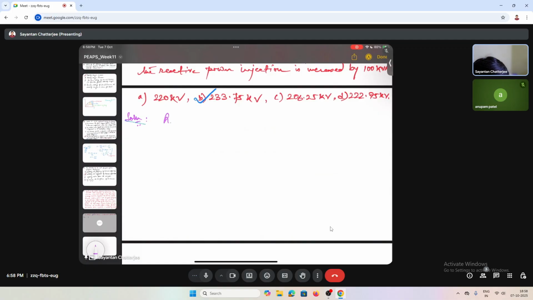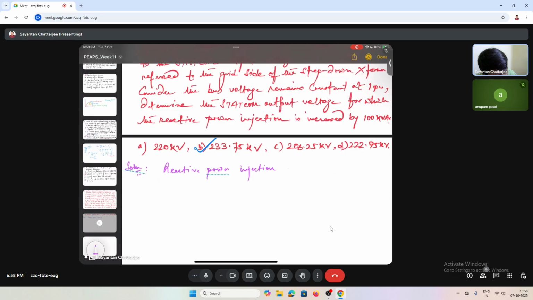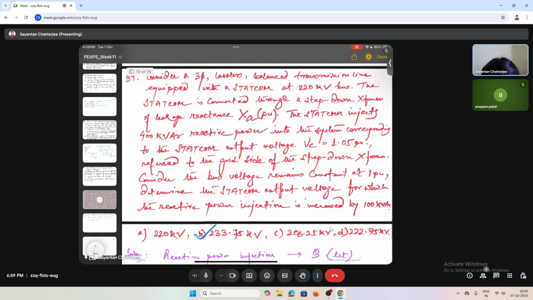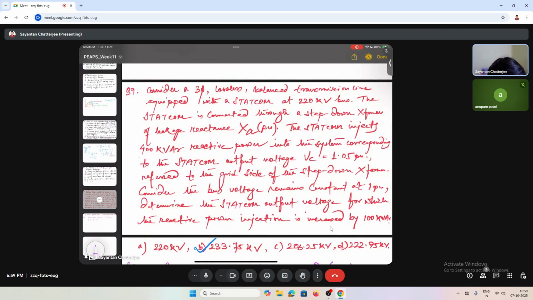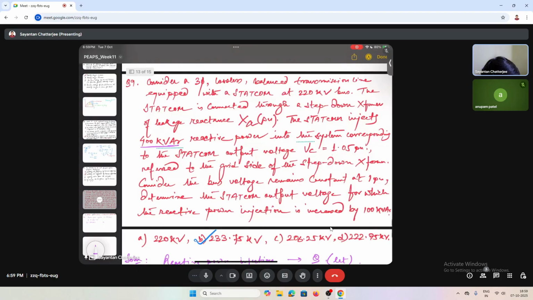So the reactive power injection, let's say it is Q. Given this value, we already know that Q is directly proportional to Vc minus V. Q1 is given as 400, and the voltage is Vc1, the output voltage.